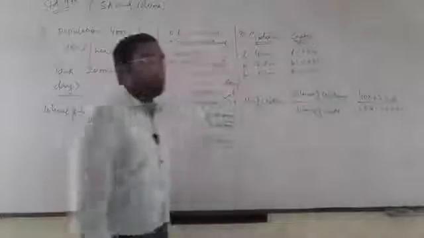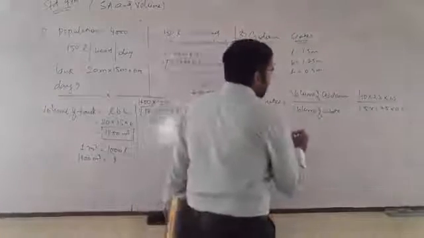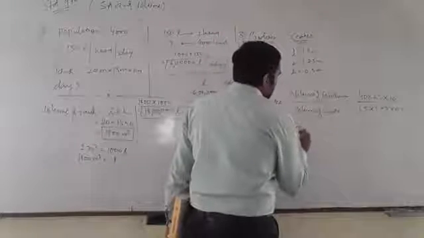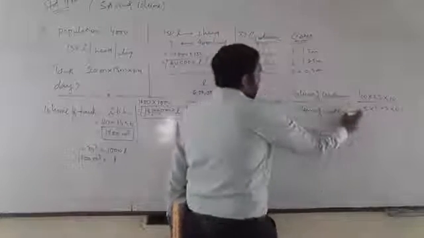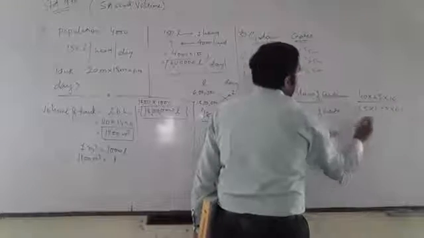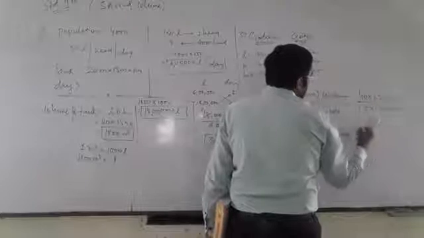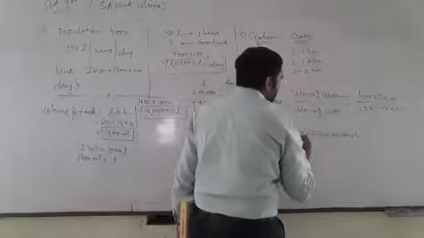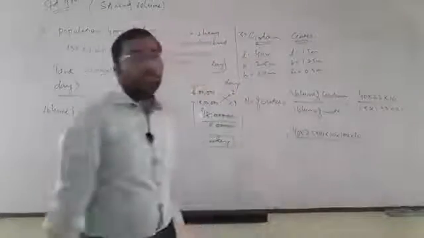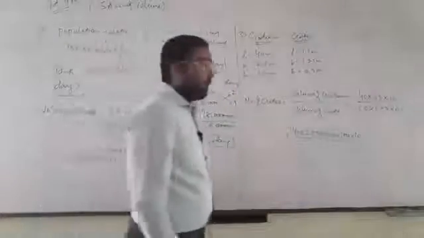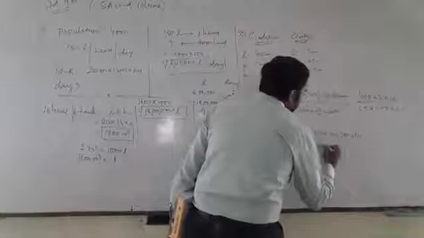Now I have to remove the decimal points from the denominator, so I multiply by 10 for the 1.5, 100 for the 1.25, and 10 for the 0.5 in the numerator as well. Now 15 into 125 into 5.